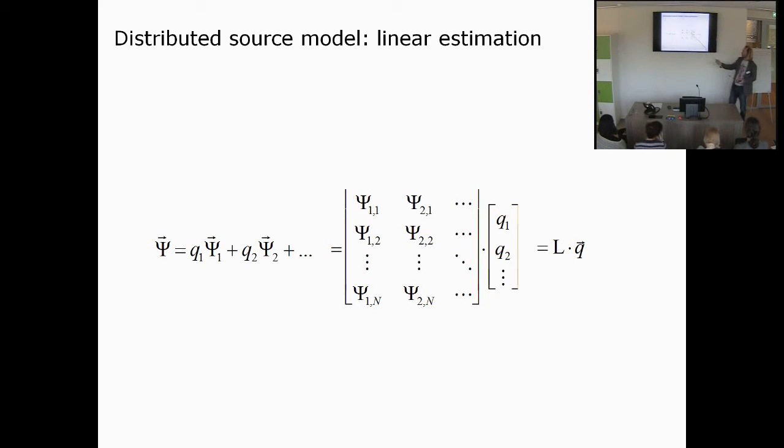So that means that this matrix is going to be much larger than the matrix that we considered before. But again, we have the dipole strength as a linear vector, and we can use linear estimation using a pseudo-inverse, for example, to solve this equation given the measured potential, giving us the estimated source strength.